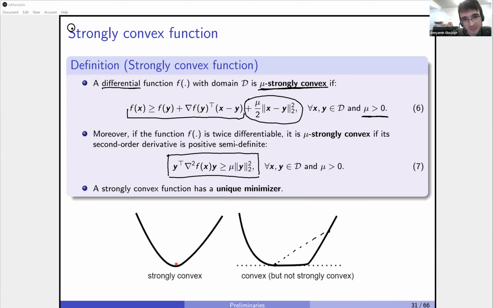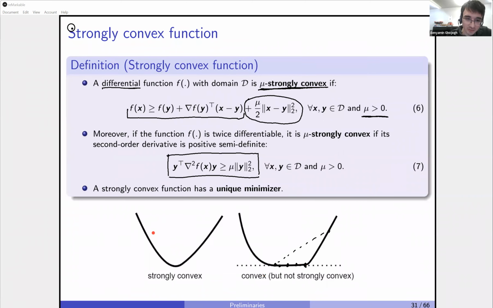A strongly convex function is like this. It doesn't have any part where it's like this. In other words, why is it important for us in optimization? Because in a convex function, we might have several minimizers. So in all of these points, here, here, here, the function is always minimum.